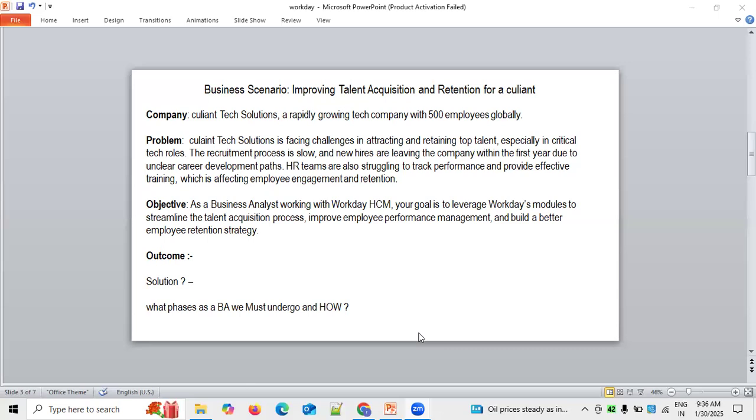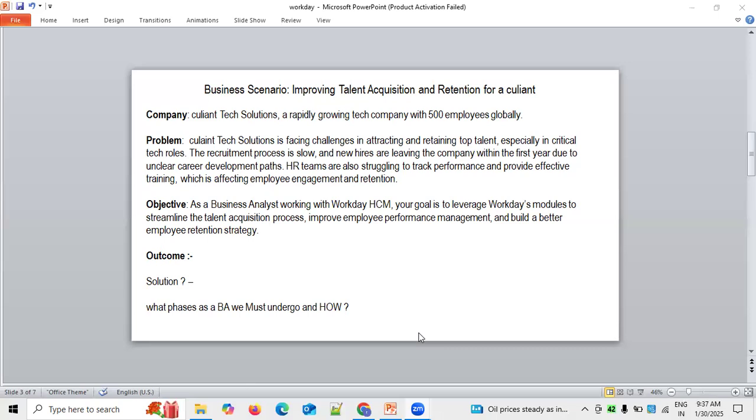The HR team is also struggling to track performance and provide effective training, which is affecting employee engagement and retention. These are the problems they are facing. So for this, what objective do you want to achieve? As a business analyst, you need to work on Workday HCM.